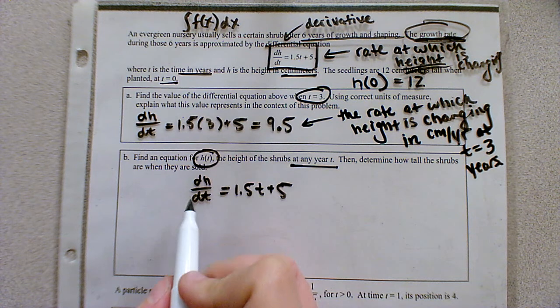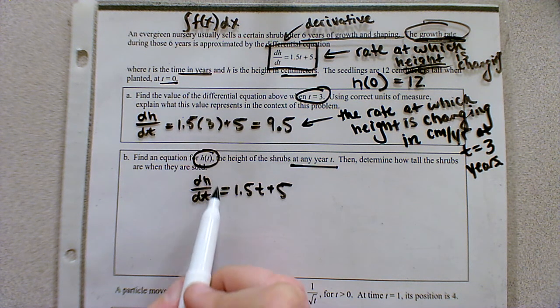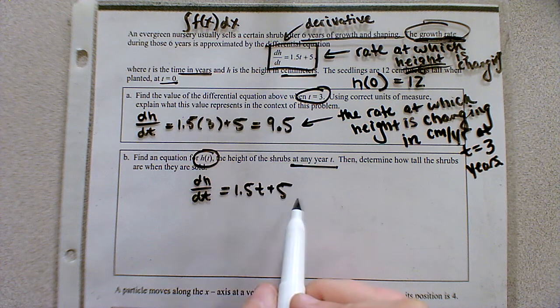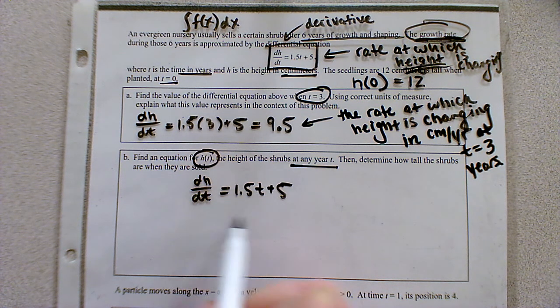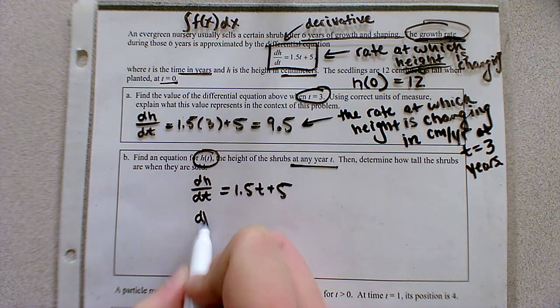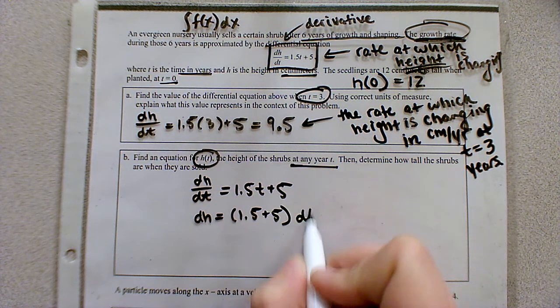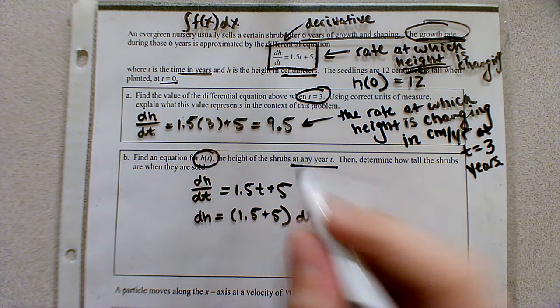So what we're going to do is separate the variables. I want to get any h variable on the left side and any t variable on the right. So this dt that's in the bottom of the fraction, I'm going to multiply it over to the other side. So now that I have the dh and the dt separate, oh, I forgot my t in there.